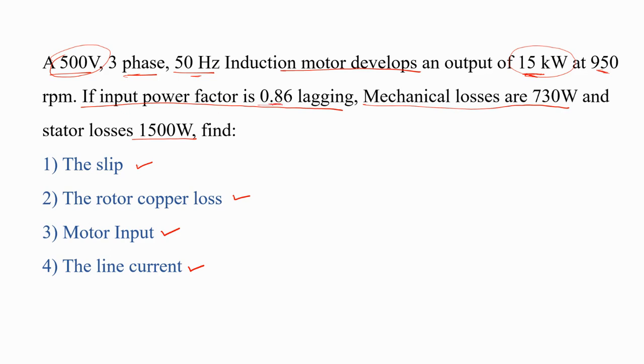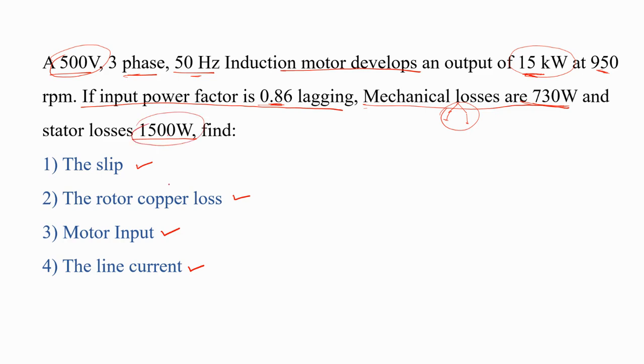If the power factor is 0.86 lagging, the mechanical losses are 730 watt. Mechanical losses are windage losses and friction losses, and the stator losses are 1500 watt.